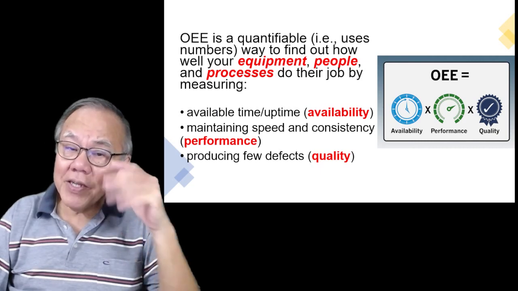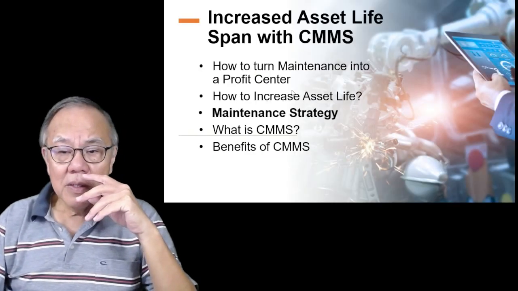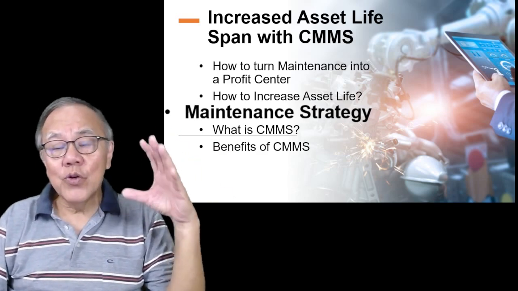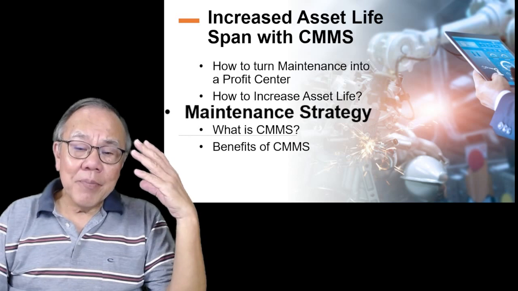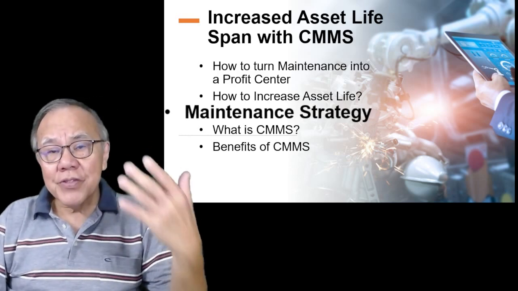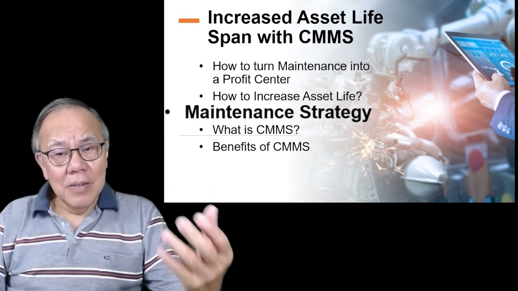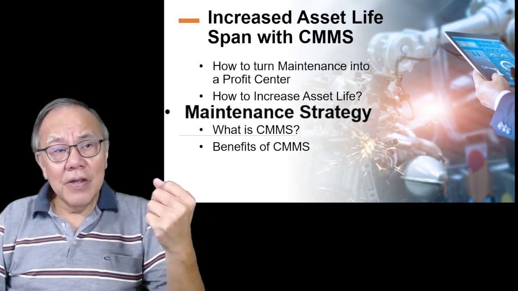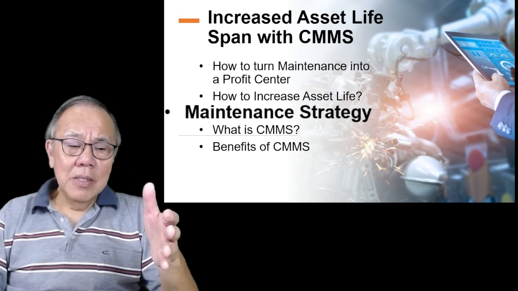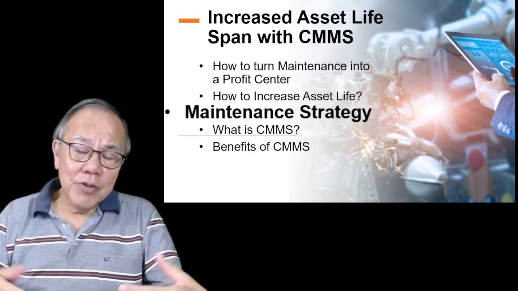Now, having said that, first I said, look, we need to be very profit oriented, in the sense of how to reduce cost in your maintenance department. Because if you were to maintain your equipment and run it the way you want and spend a lot of money, there's no point.